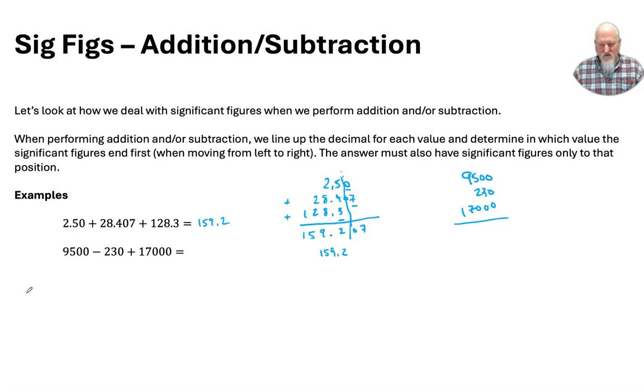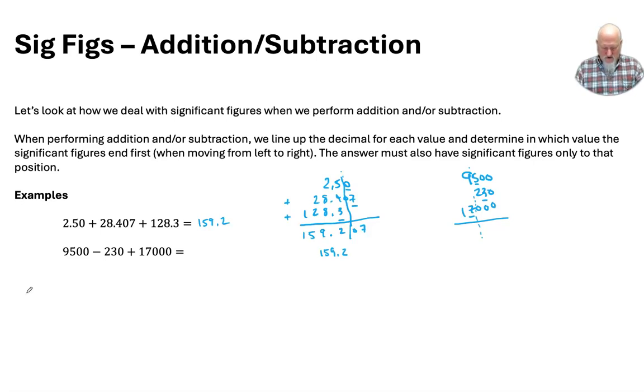In 9,500, the 5 would be the last one. In 230, the 3 would be it. And in 17,000, the 7 would be it. Looking from left to right, that 7 is where I run out of significant figures first, at the 1,000 position. So I'm going to draw a little line down there. At the 1,000 position, that's where my last significant figure is going to be.